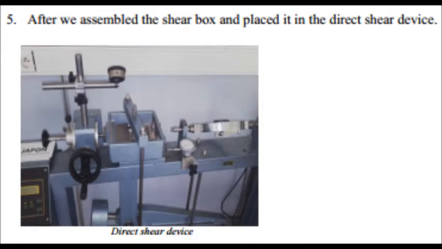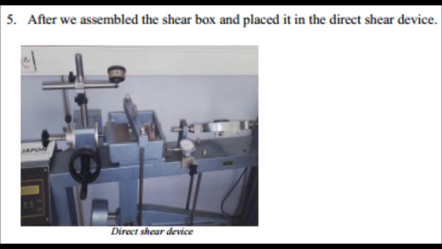After preparing the sample, you take it to the direct shear device, and I assume that you have already initialized all the equipment, I mean those gauges and the proving ring, so that you can conduct your tests as quickly as you can.